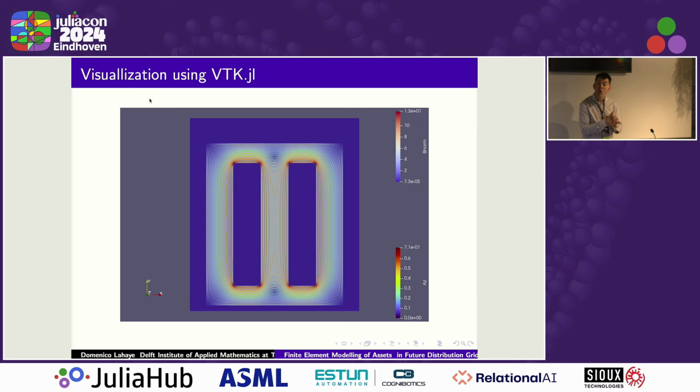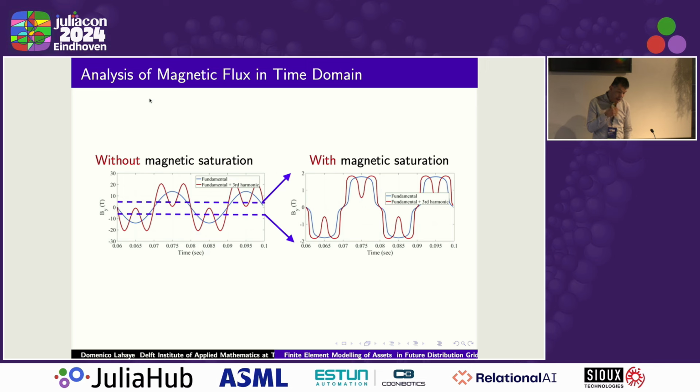I will now show some sample results of what we are currently able to do. What you see here is the computed magnetic flux in the configuration you saw earlier. So here we see a snapshot of how the field distributes in the geometry. And what you see next is a more detailed analysis of what happens in the central leg of the transformer.